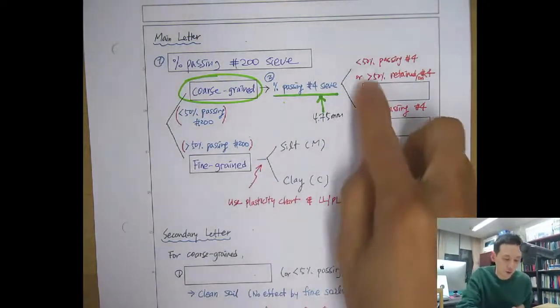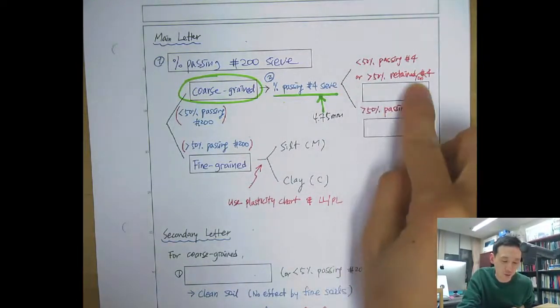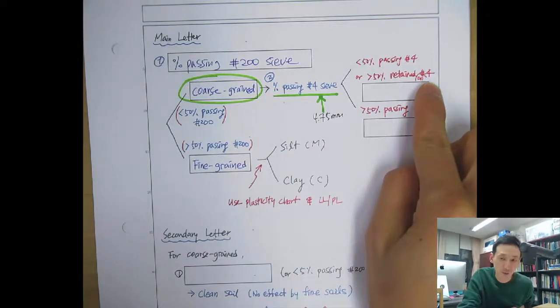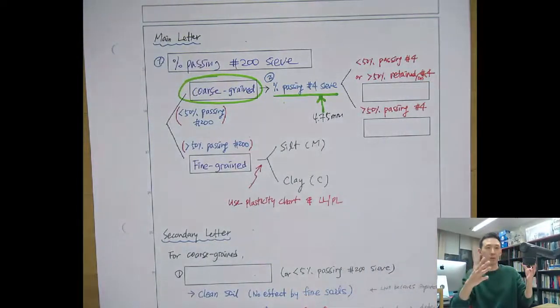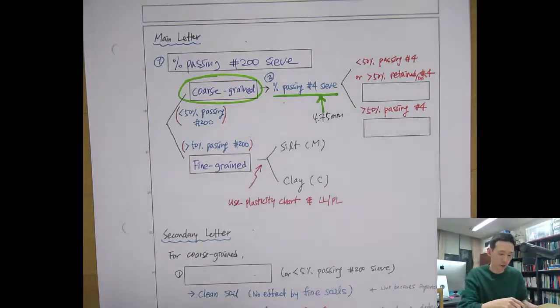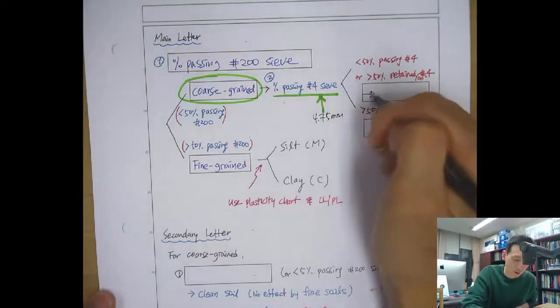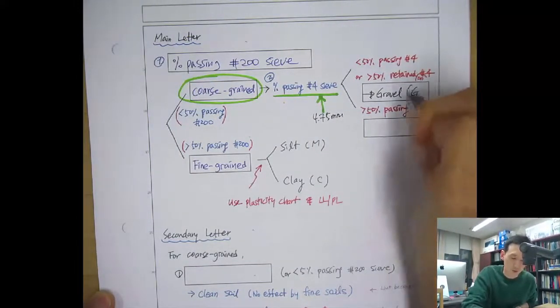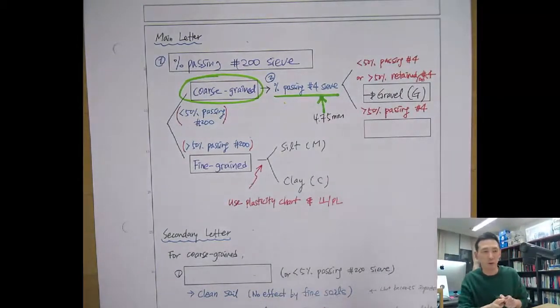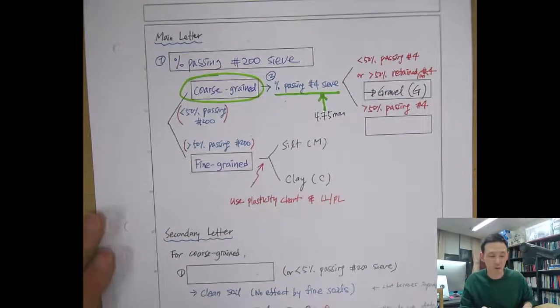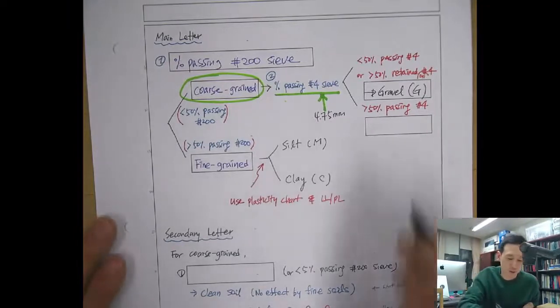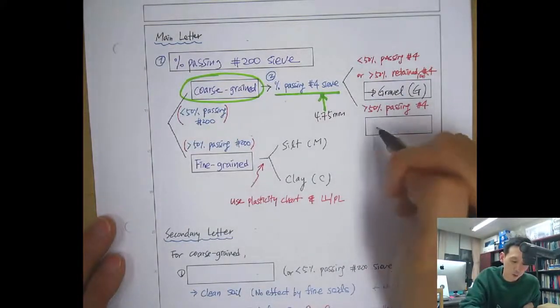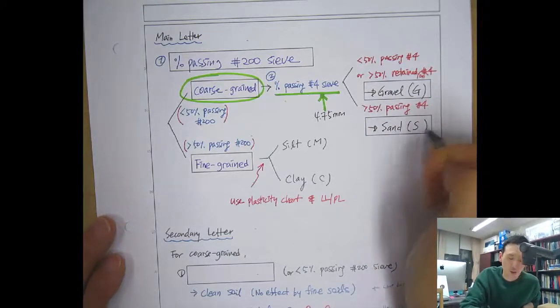If more than 50% is retained on the number 4 sieve, that means more than half is larger than 4.75 millimeters, so we define it as gravel, dominated by gravel. And if more than 50% passes the number 4 sieve, then it will be sand, so S will be the first letter.